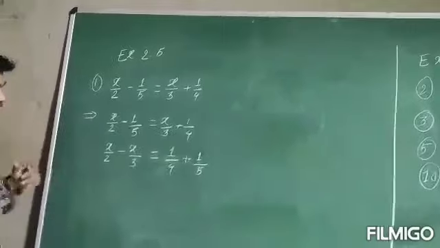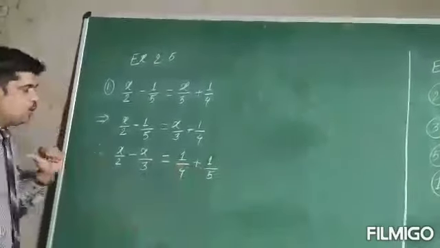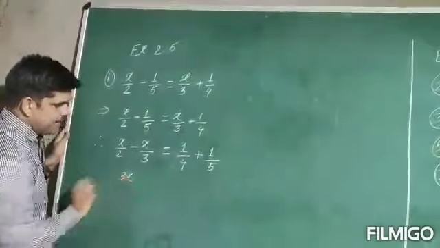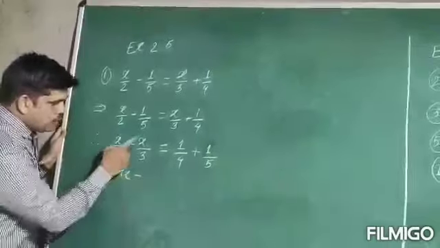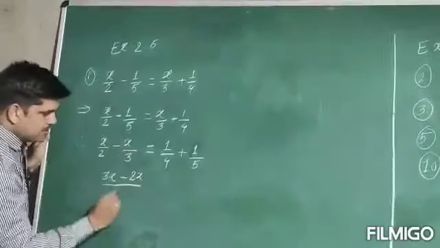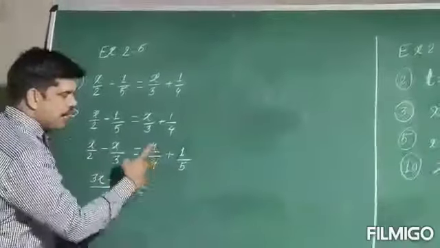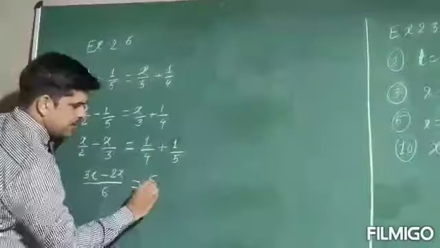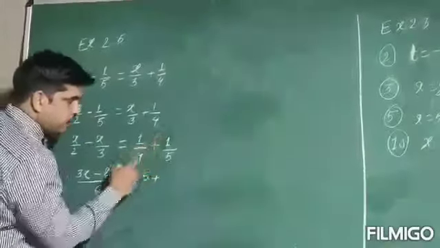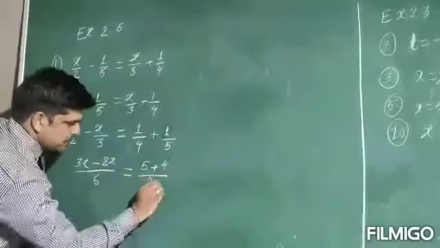Okay. Now first we'll solve the LHS, then the RHS. So how to do this? We'll do 3 into x, that is 3x, minus 2 into x, 2x, upon 6, as 2 threes are 6. Is equal to, here also the same thing, 5 into 1, 5, plus 4 into 1, 4, upon 20, as 4 fives are 20.